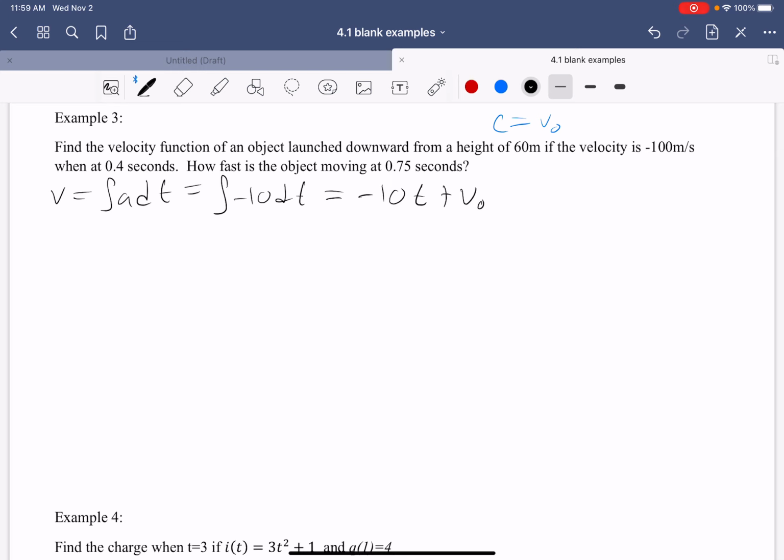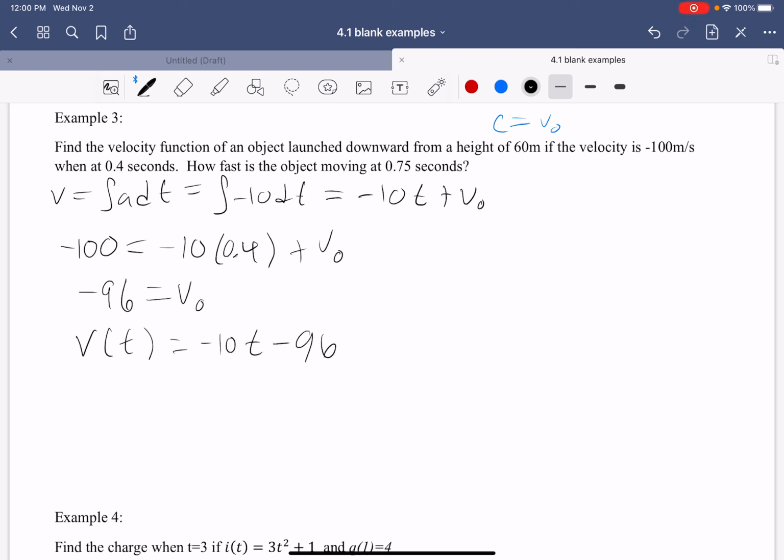And we know that negative 100 equals negative 10 times 0.4 plus the initial velocity. Which is going to give us negative 96 for initial velocity. So the velocity function is negative 10t minus 96.